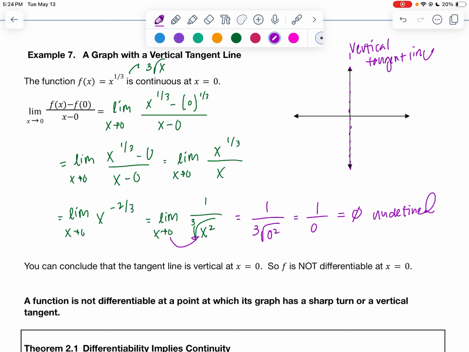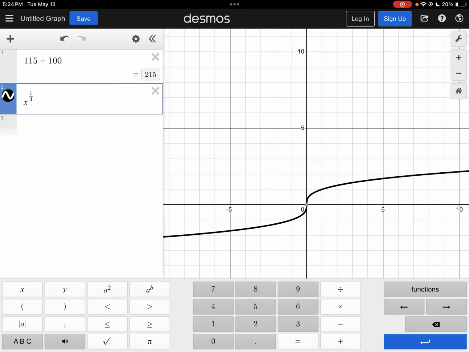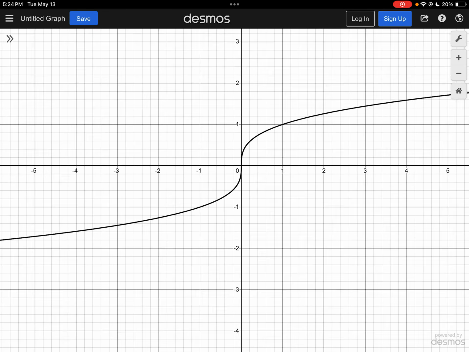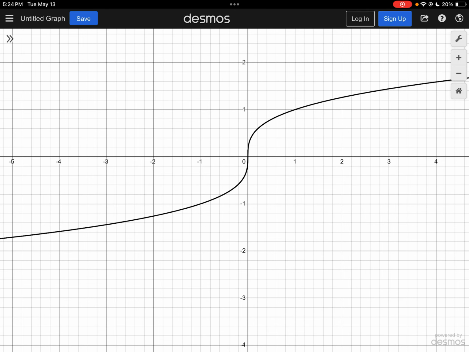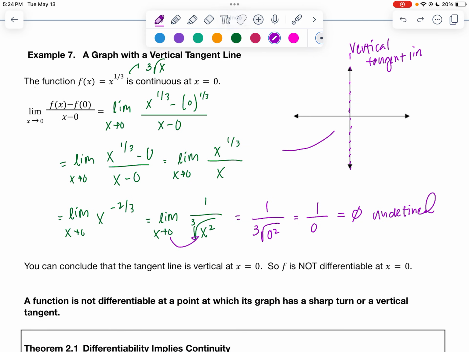Vertical tangent line. Now, if we were to graph this function, I just graphed it on Desmos. There's my graph. It looks like an S. So here's my graph for that guy. And let me move this down a little bit because it should be more towards the origin. Cool.